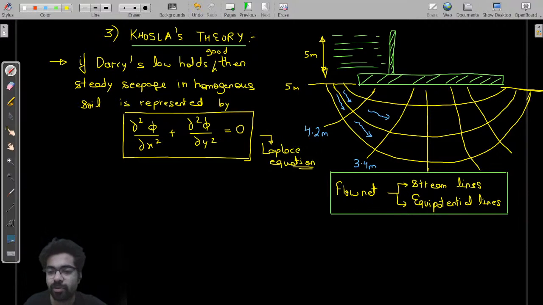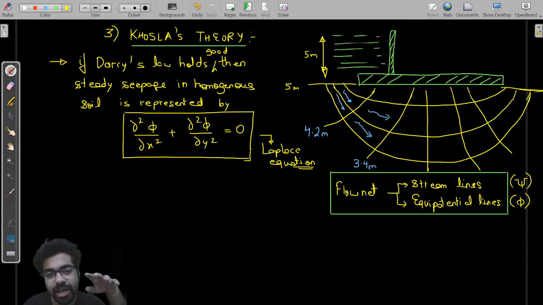What is phi? Phi is nothing but your equipotential. This is your phi and this is your psi. How many of you heard about this phi and psi? Psi is related to the discharge because psi is your streamline, and phi is the difference of head. Remember, if difference of head is more, then obviously water will be very speedy.